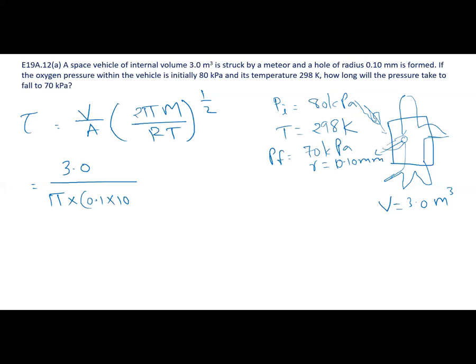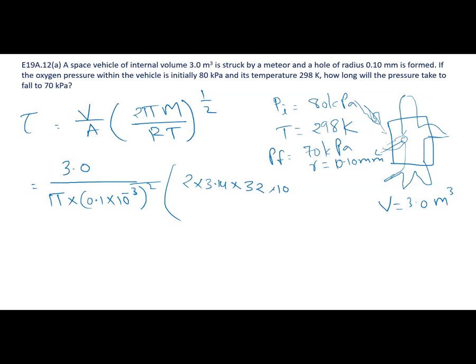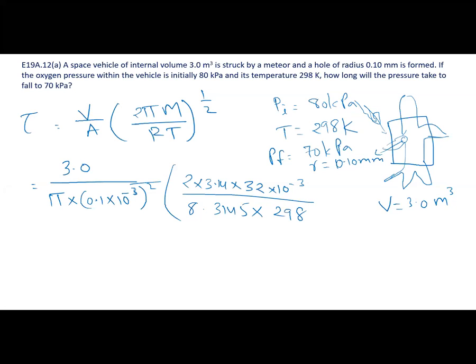So 0.1 times 10 power negative 3 meters, and then squared. That's the first part. The second part is 2 times 3.14 times the molar mass, which is oxygen, since the spacecraft contains oxygen, so 32 times 10 power negative 3 kilogram per mole, over 8.3145 times 298 Kelvin, the whole term power half.